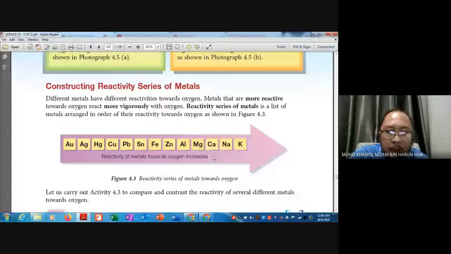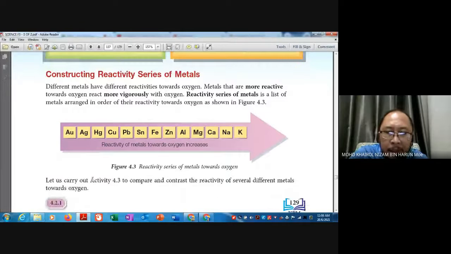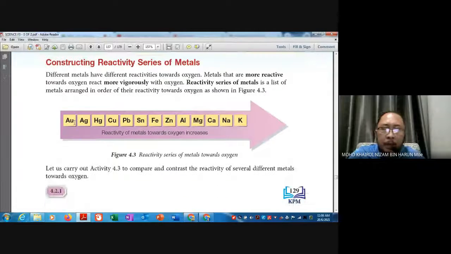Based on this diagram, the reactivity of metal toward oxygen increases from left to right.